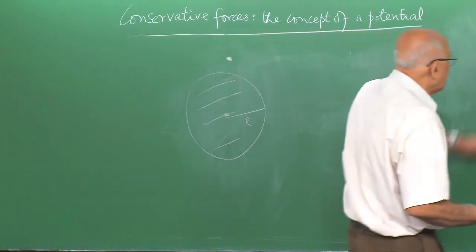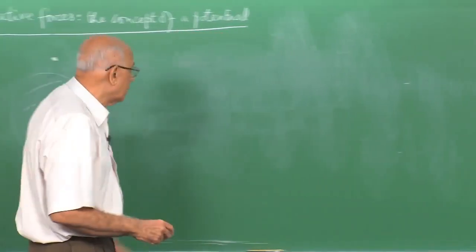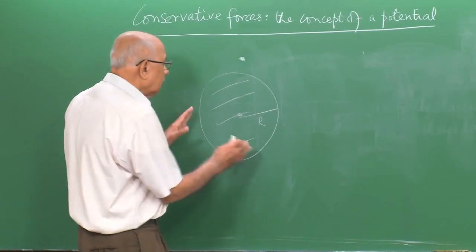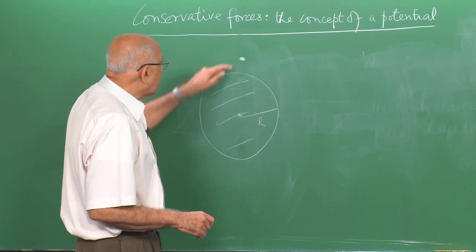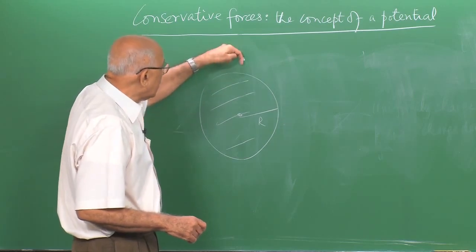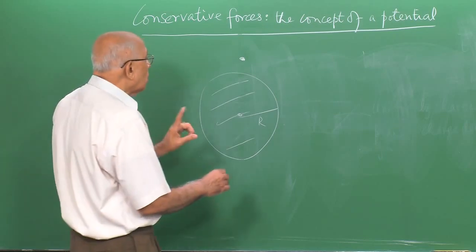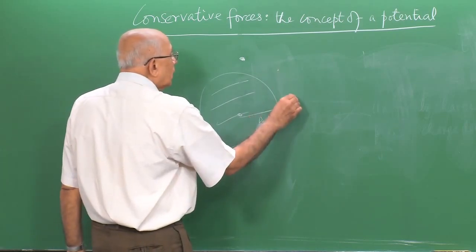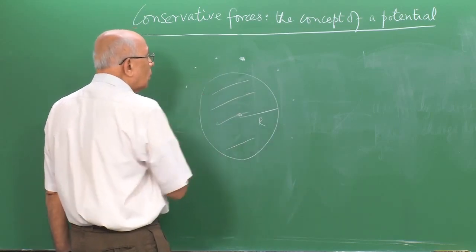Now this is a spherically symmetrical mass distribution. We have assumed the Earth to be a perfect sphere. For such a situation, Newton's law of gravitation turns out to yield a gravitational force here which is directed towards the center of the Earth from the point concerned. It does not depend on where you are as far as the latitude or longitude is concerned. So it does not matter what the angular coordinates are.